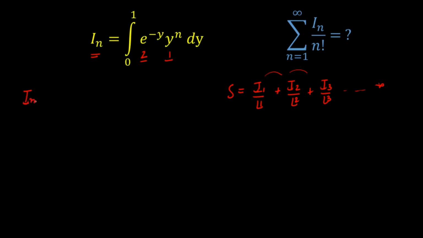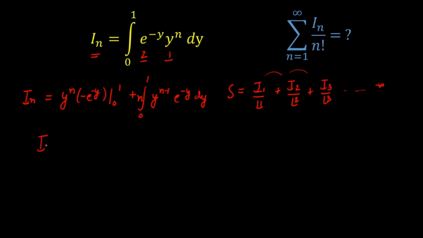So I of n will be equal to first function, that is y raised to power n, into integration of second, that is minus e raised to power minus y, and the lower limit is 0, upper limit is 1, minus integration of differentiation of first. So differentiation of y raised to power of n is n y raised to power n minus 1 into integration of second, e raised to power minus y dy, and we'll get a corresponding negative. So negative negative is positive, I have adjusted here, and the lower limit is 0, upper limit is 1.